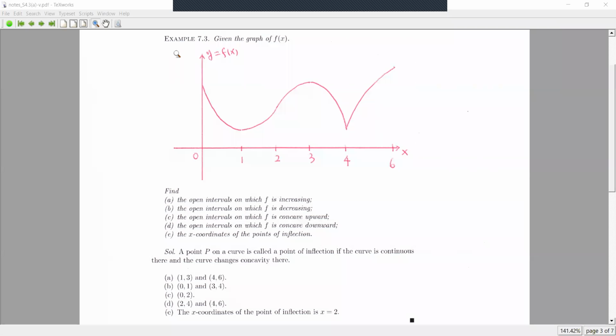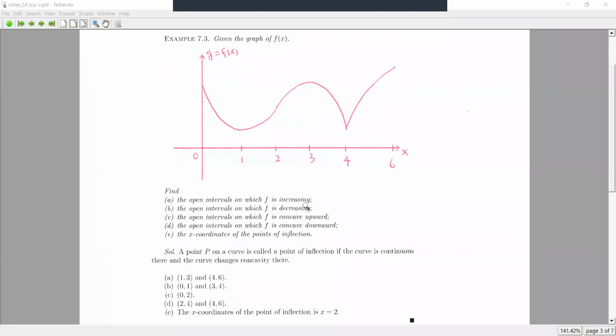Example 1. We are given the graph of some function f of x. Now, based on this diagram, answer some questions. First question, find the open intervals on which the function is increasing.